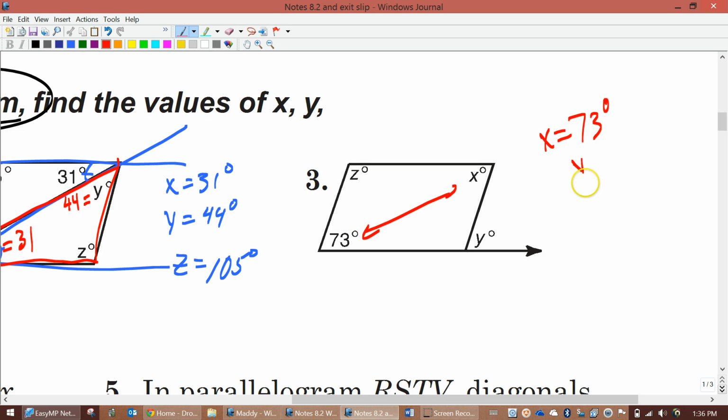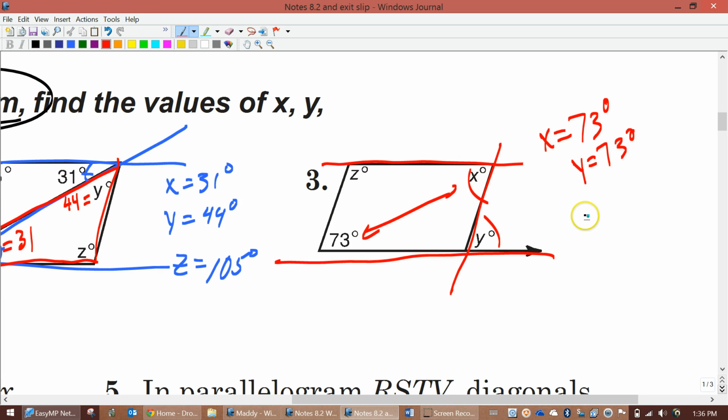Is y 73? Why? Alternate interior angles. Yep. What's z then? 27? 107? How do we know it's 107? Those two are supplementary.